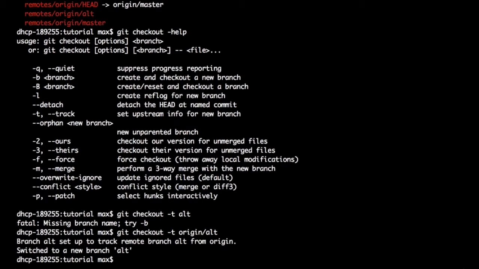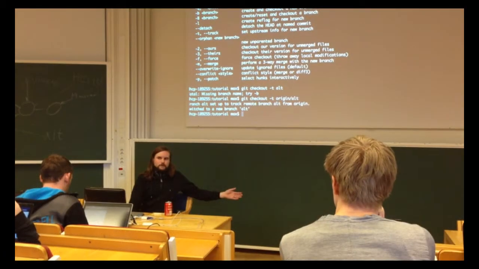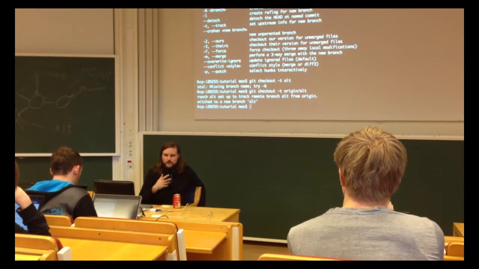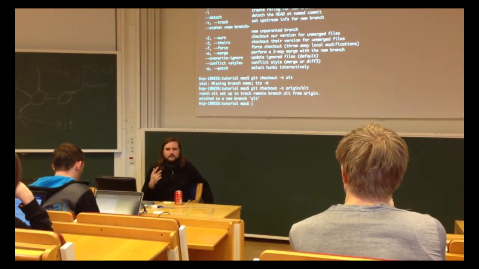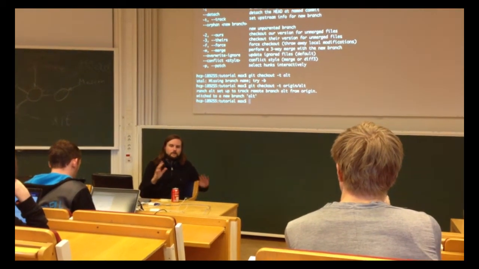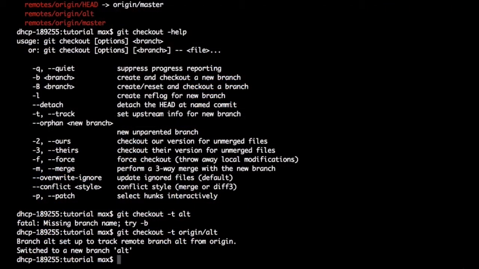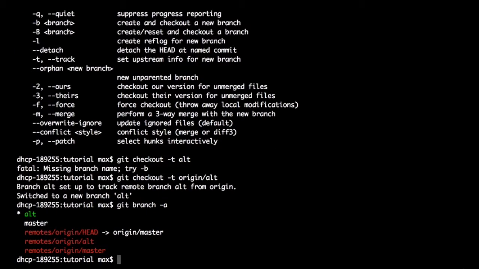Branch alt set up to track remote branch alt from origin. Now this means that if I were Eric and I didn't have the alt branch on my computer at all, I can use the T flag to track a remote branch and create a new branch from that. So let's see. I now have the alt branch, and let's see where we are.